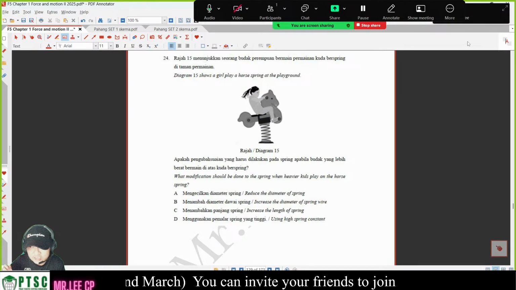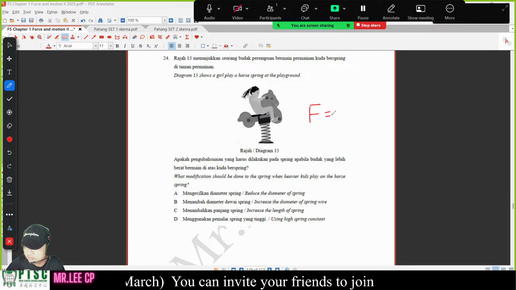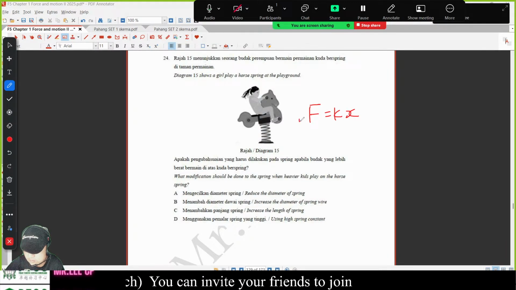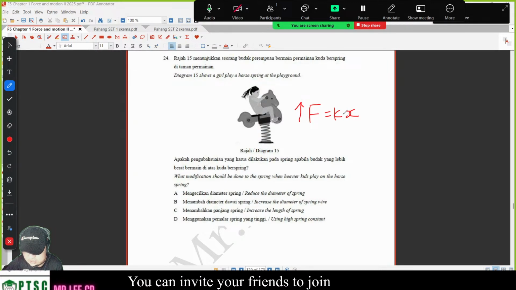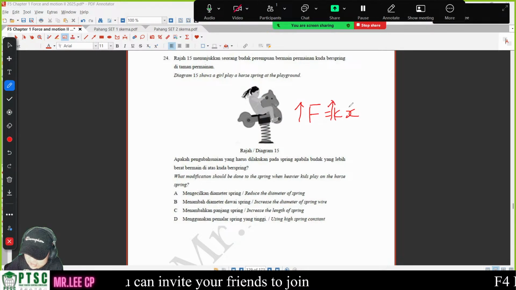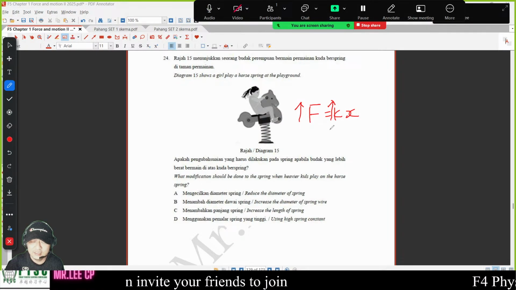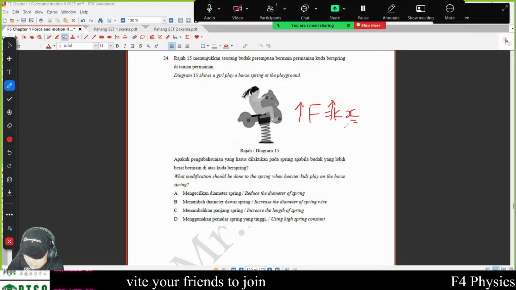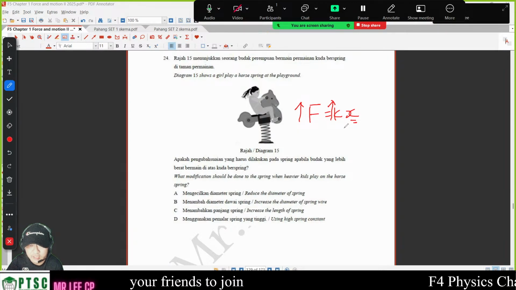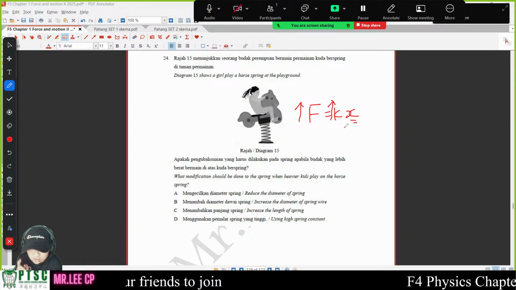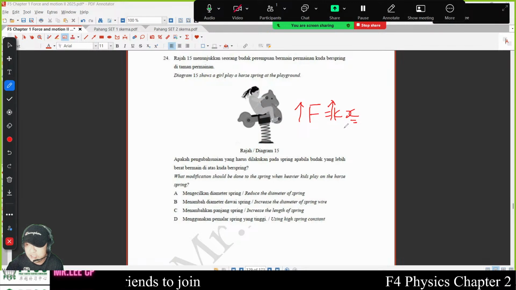So F is kx. So the F is increased. So now you need to increase the K so that the X will remain. Okay, you want to remain the X. So the K has to be higher.